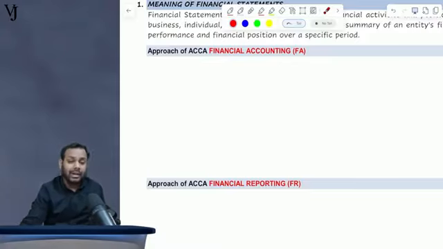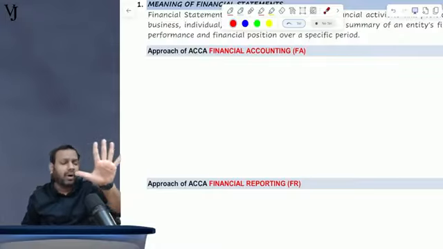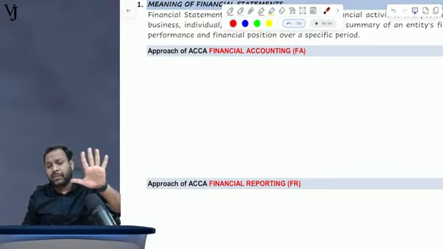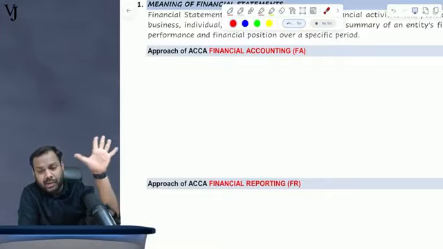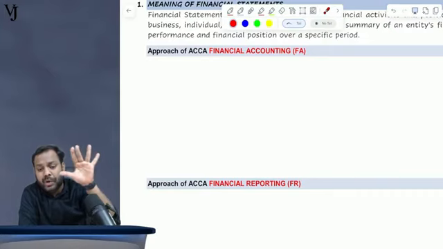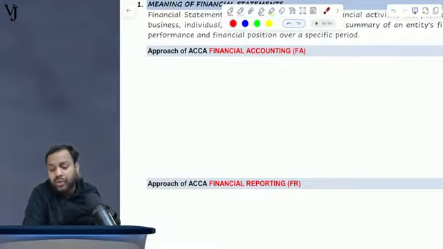What are the five components of financial statements? Statement of financial position, statement of profit or loss, statement of changes in equity, statement of cash flows, and notes to accounts. I believe the five components are clear to all of you.